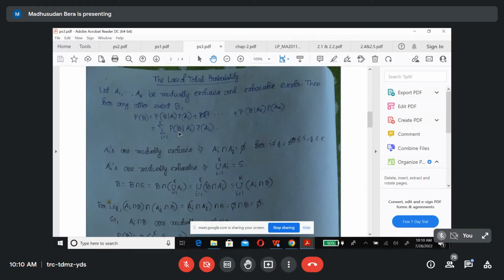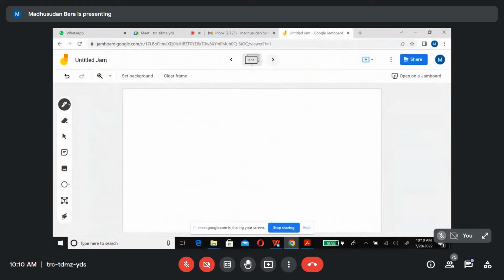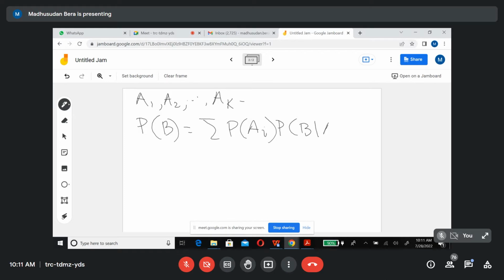I am talking about A1, A2, up to AK, a mutually exclusive and exhaustive set of events. For any event B, P of B is the summation of P of Ai into P of B given Ai, i from 1 to K. That is the total law of probability.